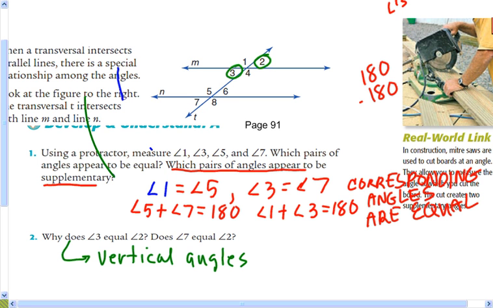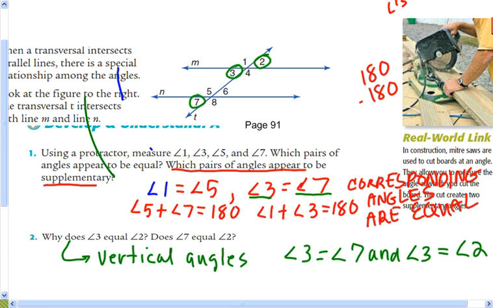Then it says, does angle 7 equal angle 2? And I think it does, because we know from the last problem that angle 3 and angle 7 are equal. So we already have angle 3 is equal to angle 7, and we have angle 3 is equal to angle 2.